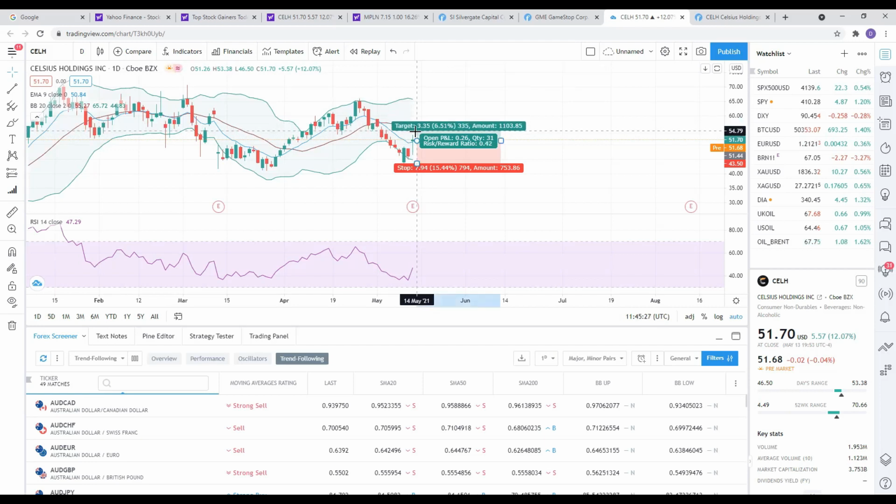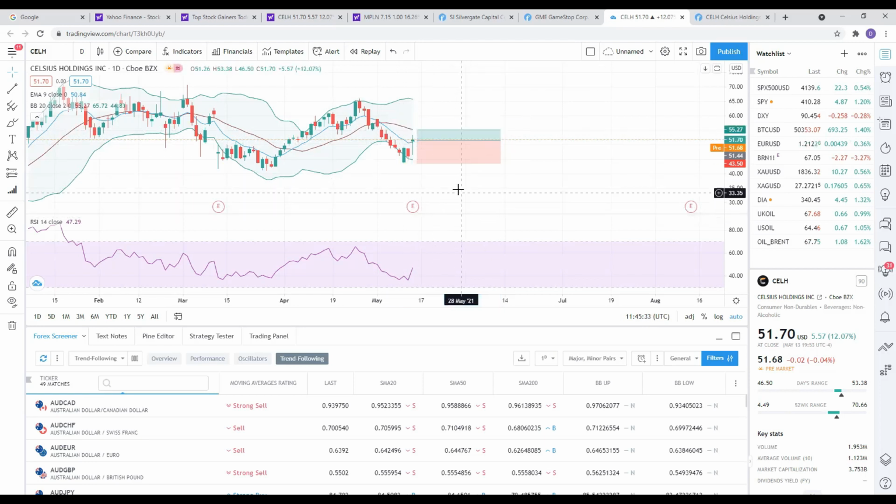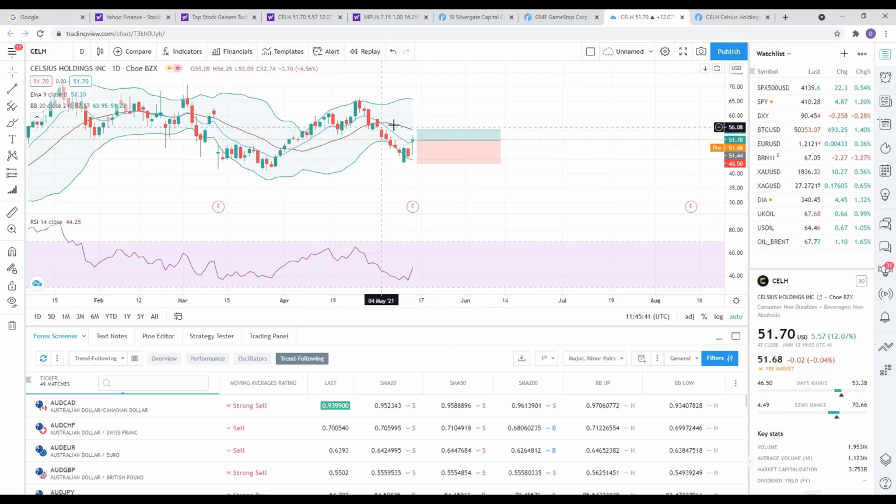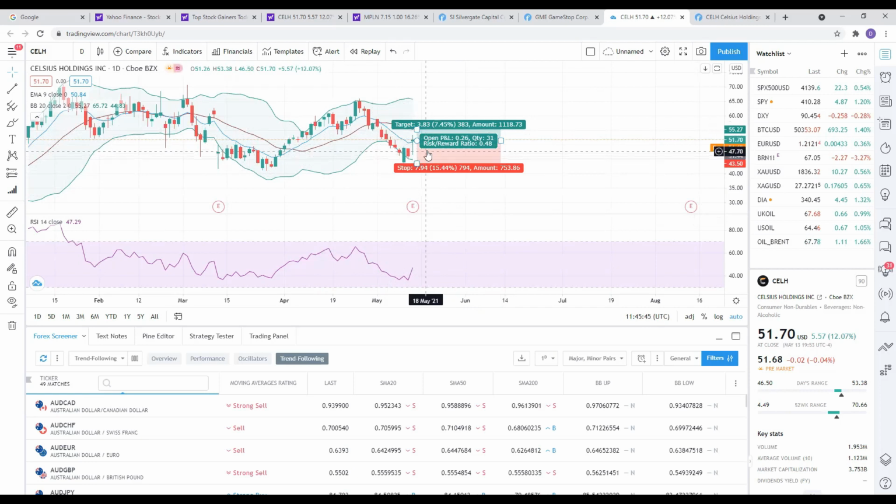Because the first area of target profit should be around 55. However, the stop loss has to go just outside the Bollinger Band. So if it just goes to $55 and then goes back down, this will give us a small profit. But if this trade goes into a loss, this will give us a very wide loss. The loss will be greater than the potential win.